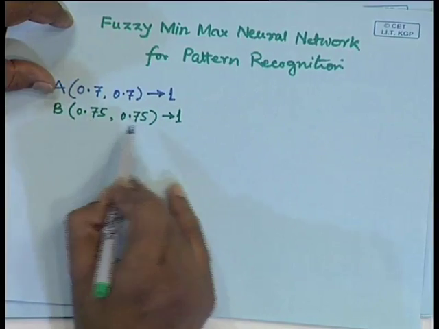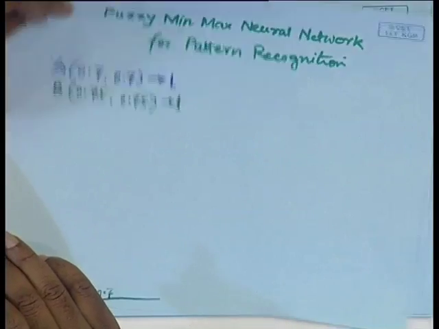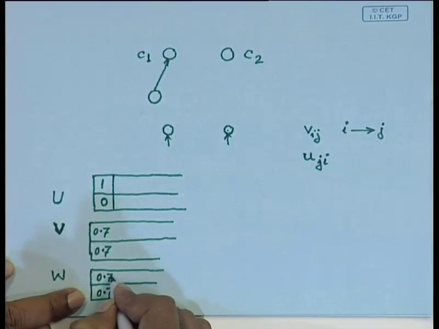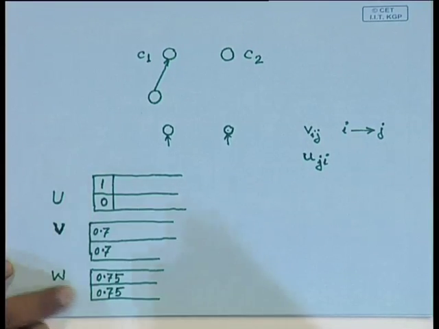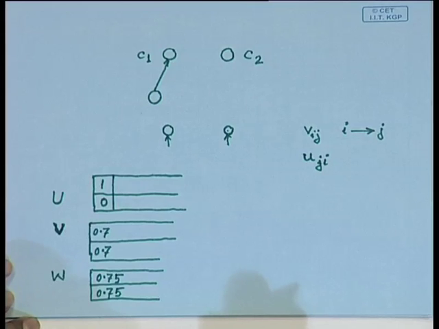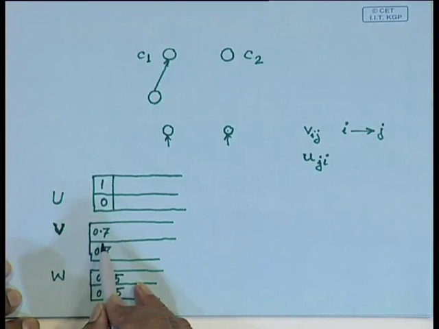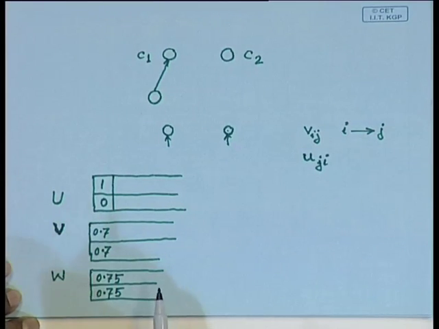So, it will be 0.75, 0.75, right. So, the matrix W, though initially we had set it 0.7, 0.7, now it will be 0.75 and 0.75. Okay. So, any time the min point and max point get changed, I have to change the corresponding entries in matrix V and matrix W.